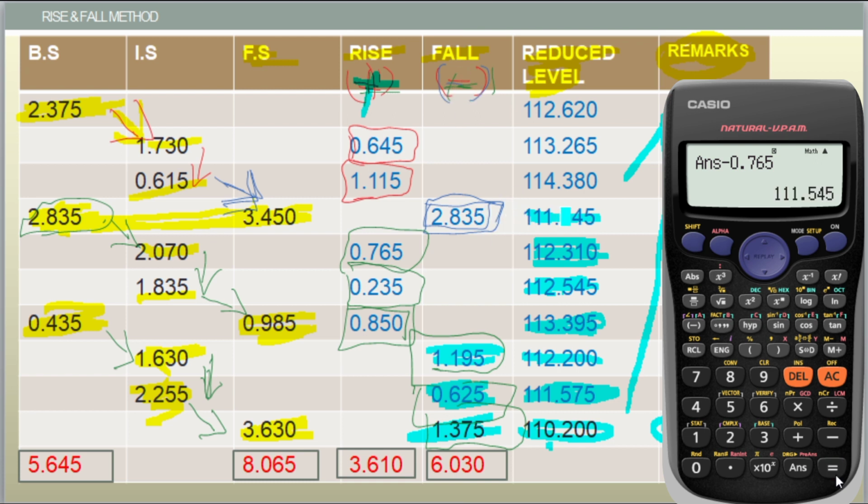Then we start adding, so we add 2.835, we get 114.38. Moving to the right, we subtract, and after subtracting 1.115, we get 113.265. Then we again subtract this value here.